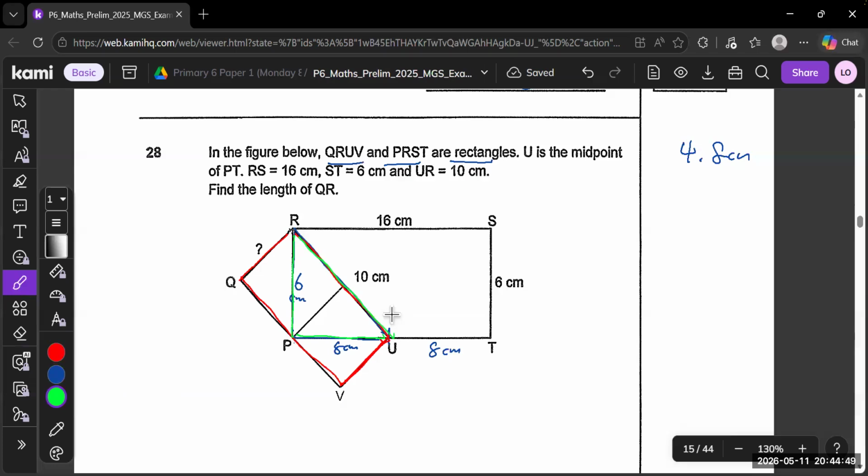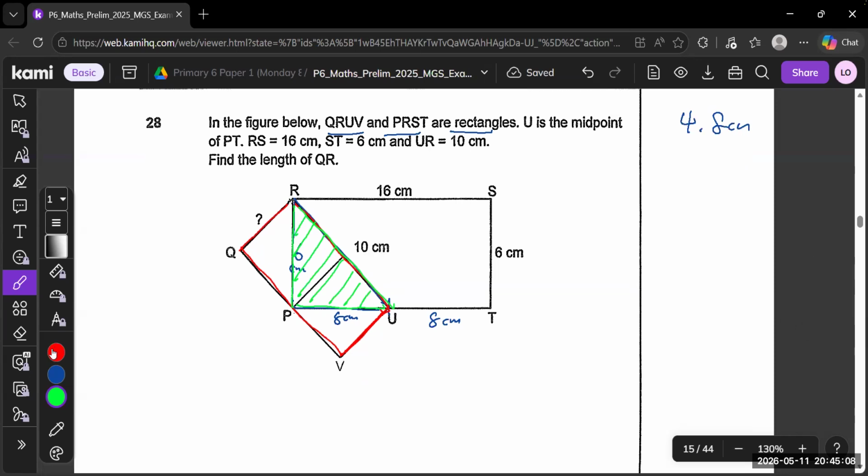Or those of you who understood already, do you realize that the green color triangle is actually half the area of the red rectangle? If you understood the lesson in P5, the green color triangle's area is actually half of the red rectangle. Then how do you know? Then you tell me, Storm, how do you know?